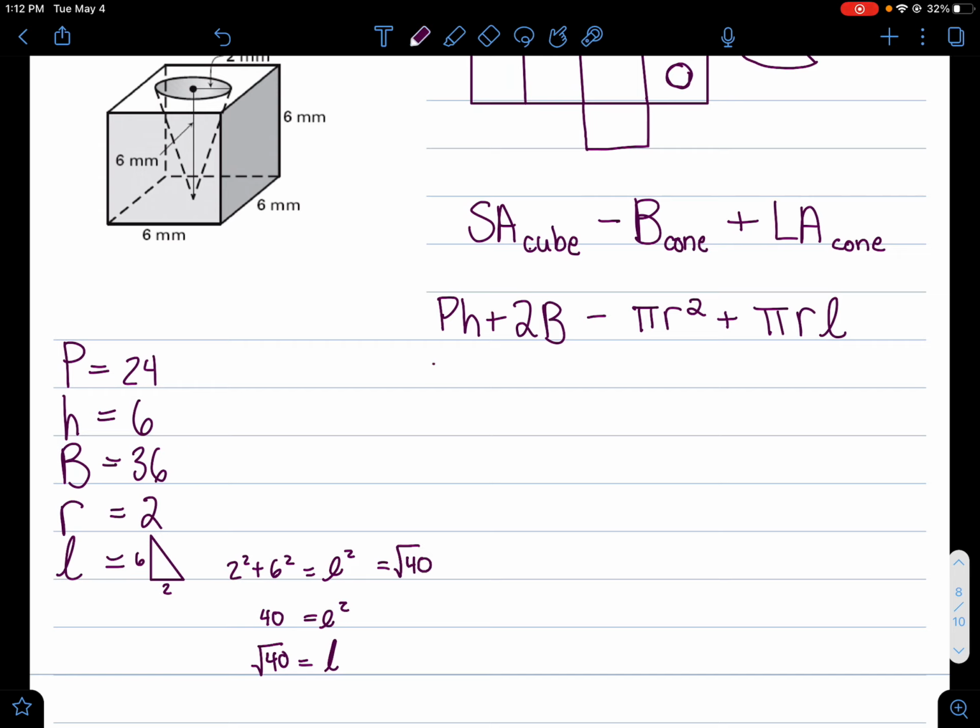So perimeter times height, 24 times 6, plus 2 times 36, minus pi 2 squared plus pi 2 times radical 40.